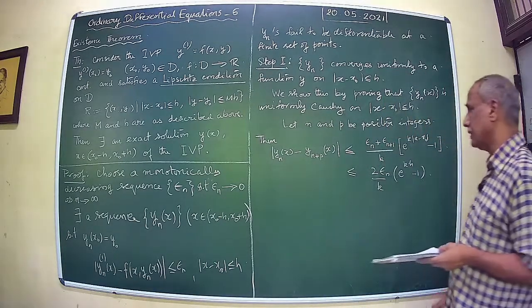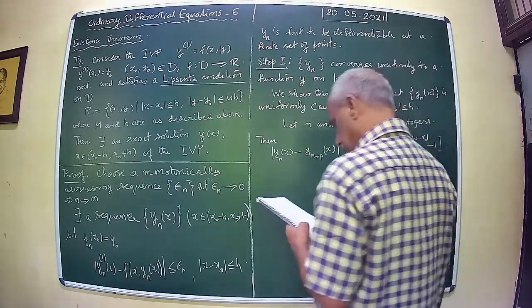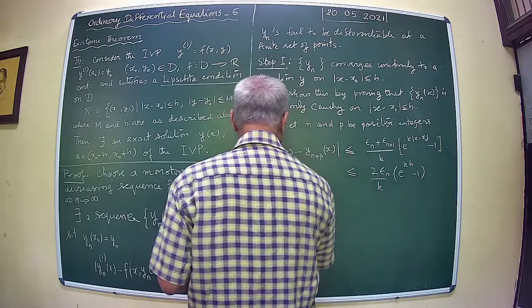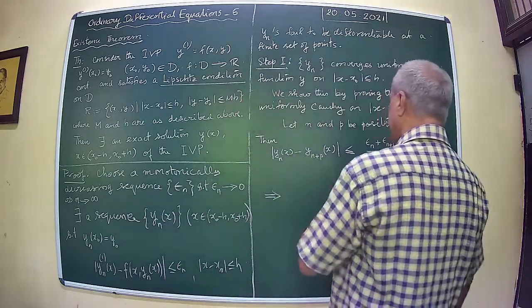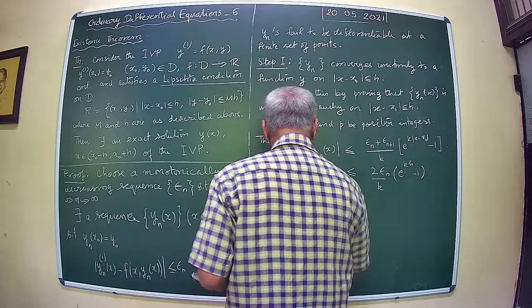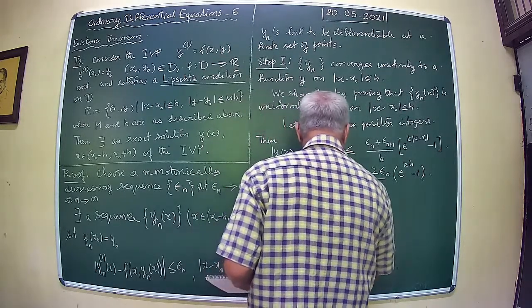Now you see that this implies that y_n is a Cauchy sequence.